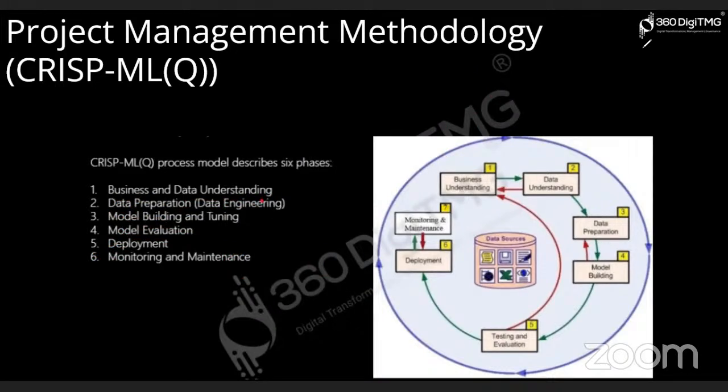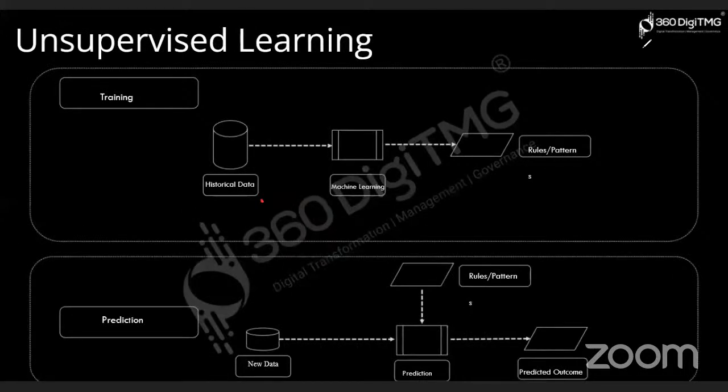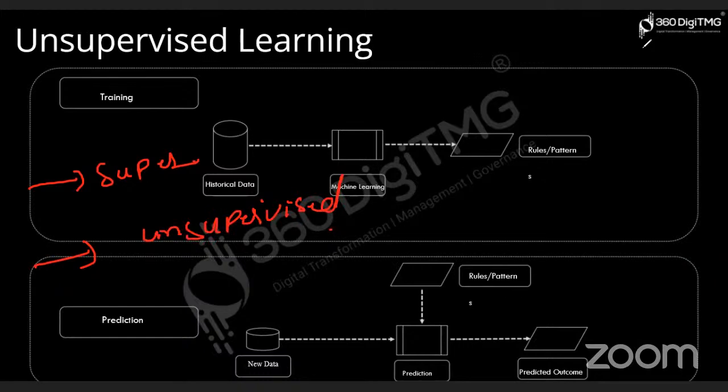When it comes to supervised and unsupervised, based on the data, the models are categorized into supervised and unsupervised. These are the two types of models we'll be having.